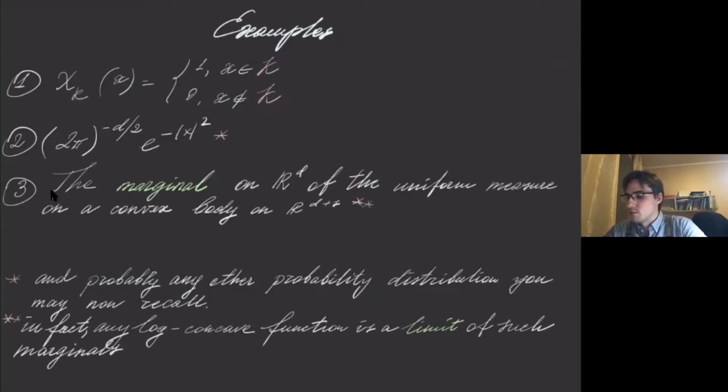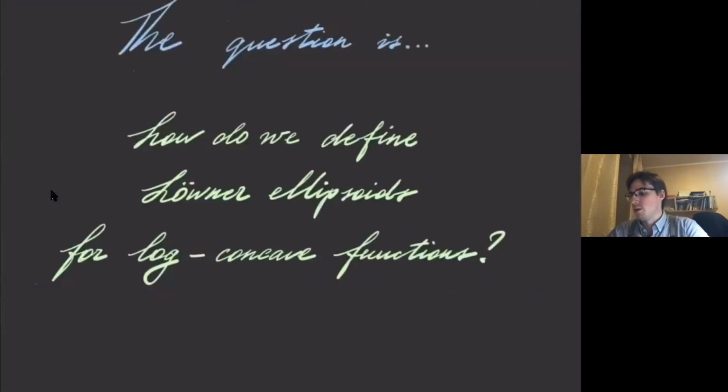And actually, any other log-concave function can be obtained as a weak limit of such marginals. And the question is, can one define a generalization of the Lowner ellipsoid to the setting of log-concave functions, and the notion of the John ellipsoid as well? I'll tell you why this is interesting.